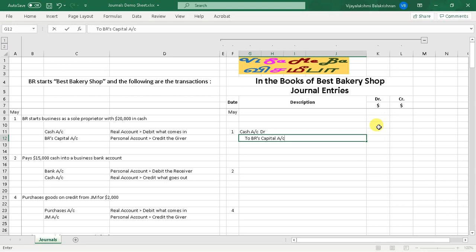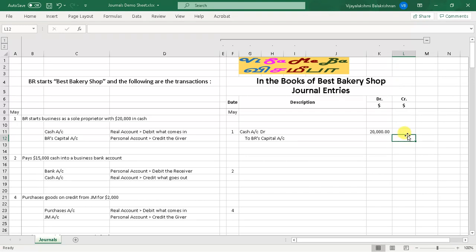So how much is he investing? He's investing $20,000. The same thing you have to put here, $20,000.